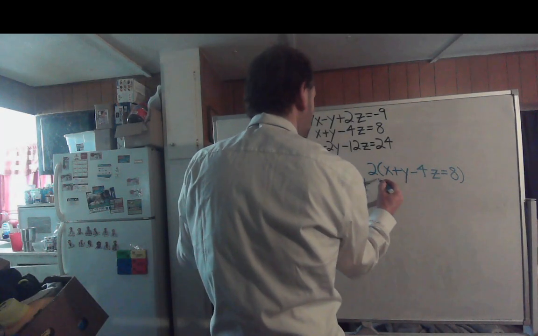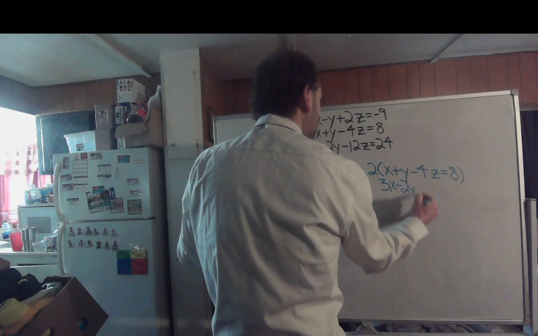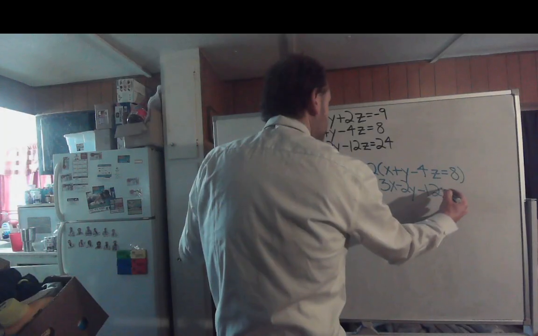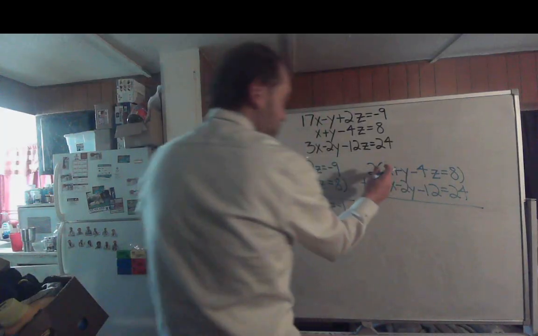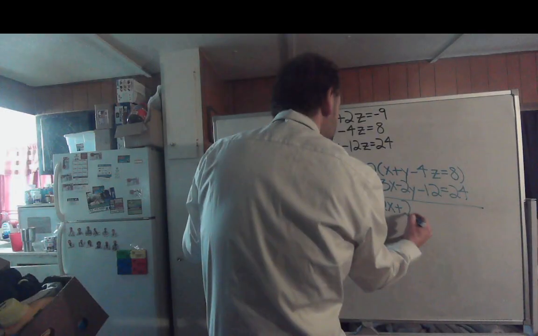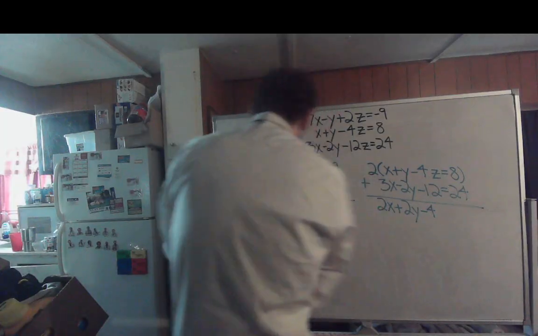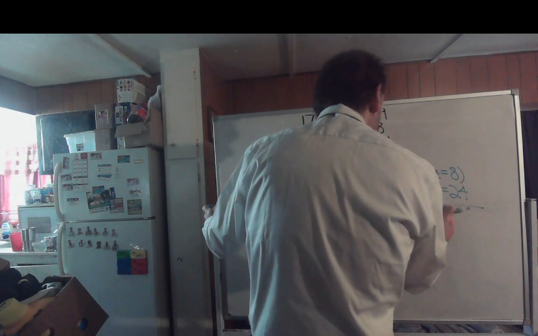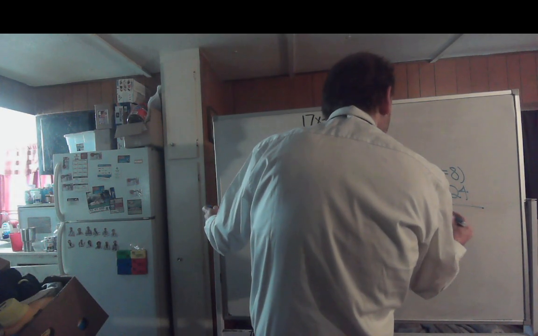Plus, I'll take my third equation, 3x minus 2y minus 12z, set equal to 24. If I distribute the 2, I end up with 2x plus 2y minus 8z equals 16.